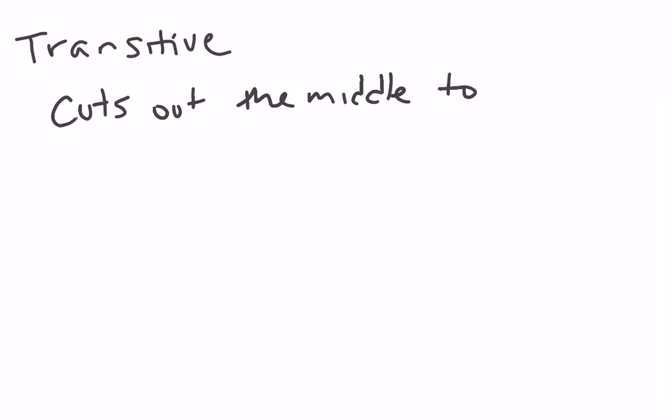T is 3, so transitive kind of cuts out the middle to form a new statement. So we'll just write it like that. That's not really a formal definition, but it cuts out the middle to make a new statement.